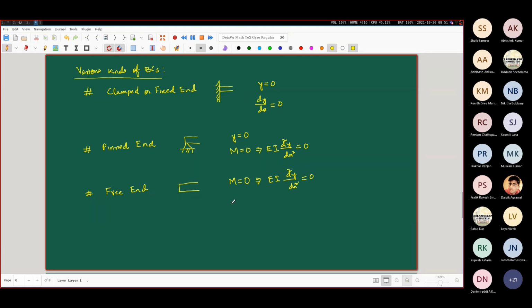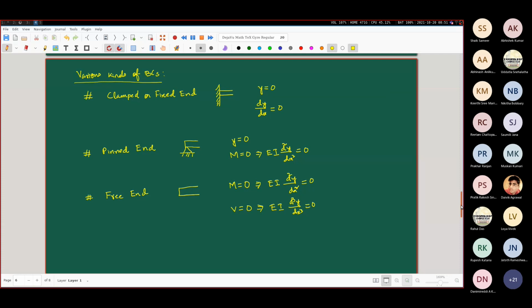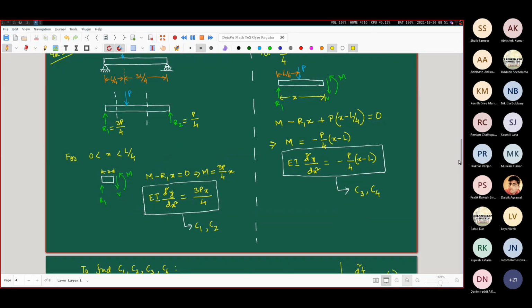The other condition is that the shear force must be equal to 0, and which translates into EI d³y/dx³ is equal to 0. And you have already encountered this earlier when we did this.